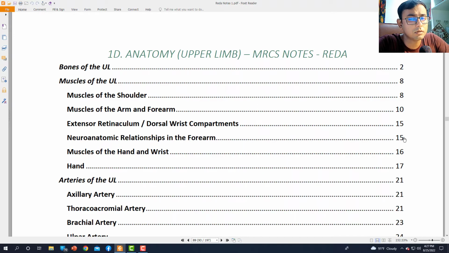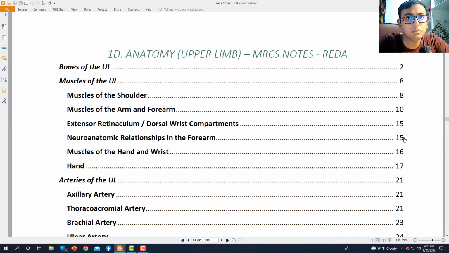All the topics are not needed for surgery. You must go through the basic fundamental things related to surgery. Surgical anatomy of the upper limb is very important, because in surgery there is an important branch of orthopedics and traumatology.